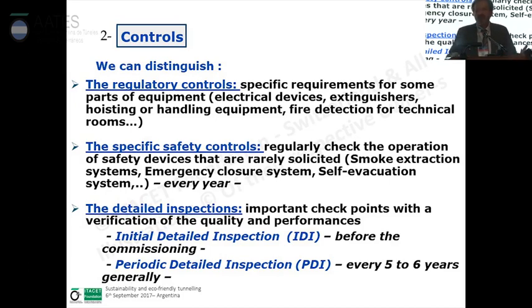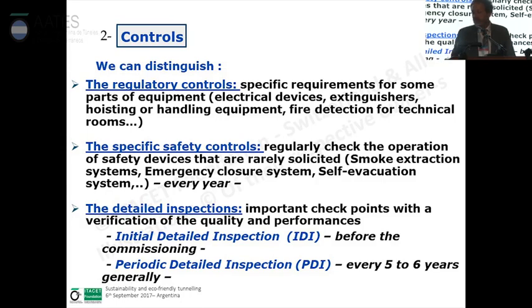No accident, no reason to do that. So you have to try to use it. You have to check if it works, because if you don't use it periodically, you are absolutely not sure that it will be operational when you need it. This is the same for the different systems.